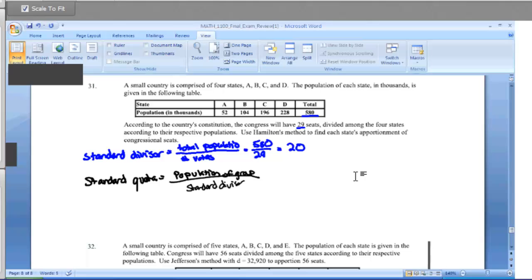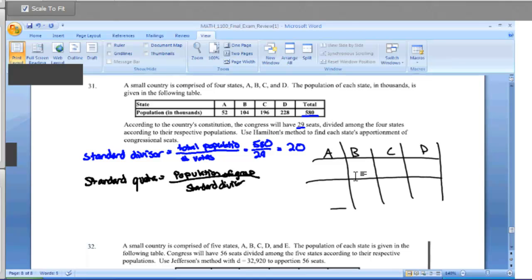All right, so let's go ahead and make a chart. So A, B, C, and D. So the standard quota is what we're going to do for this first row.